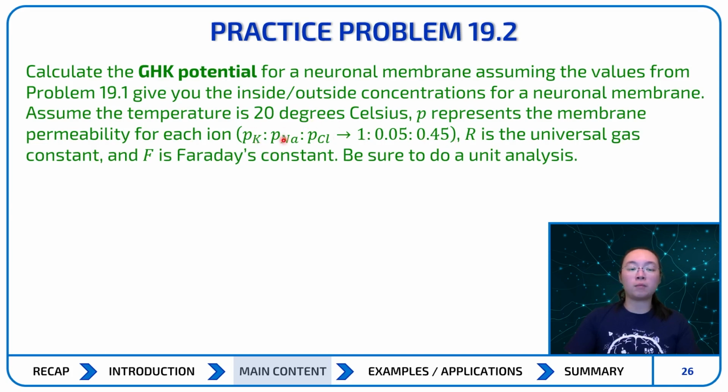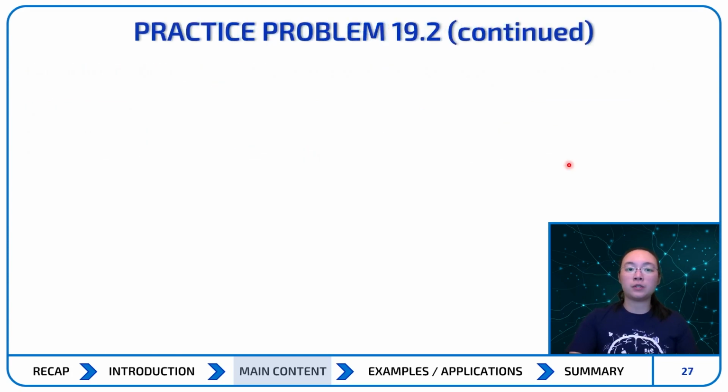PK is 1, PNa is 0.05, and PCl is 0.45. R is the universal gas constant, and F is Faraday's constant. And I'd want you to make sure you do a unit analysis so that you can find out what the units of potential are. So use that as practice as well.